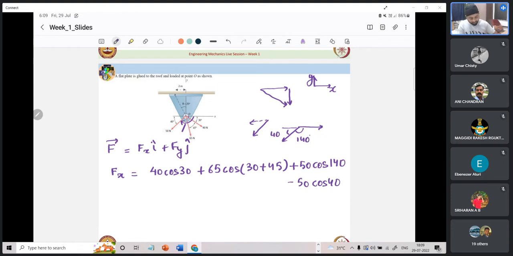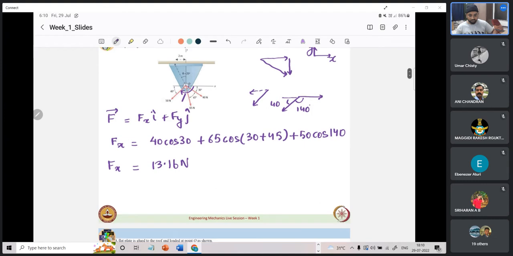It will come out to be the same. But we are following one convention, so let us restrict ourselves to that. So what will this come out to be? 40 cos 30 plus 65 cos 75 plus 50 cos 140. This comes out to be 13.16 Newton.